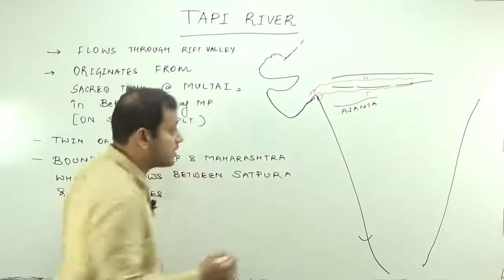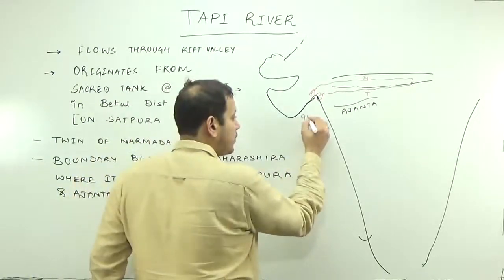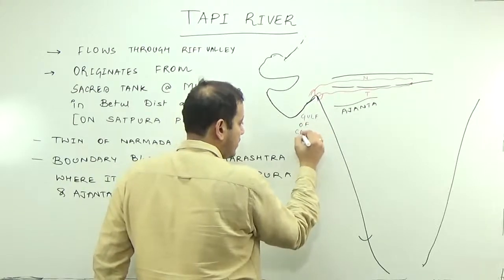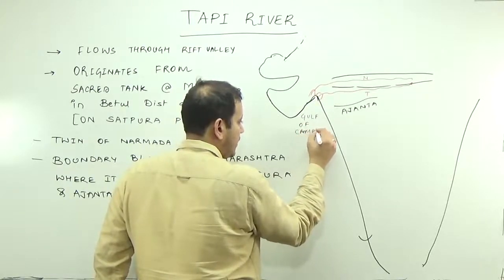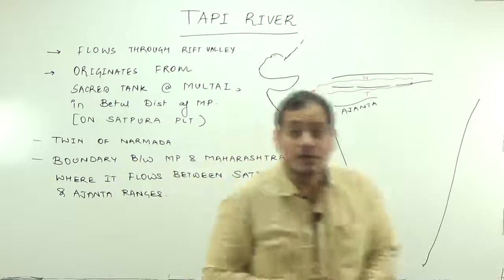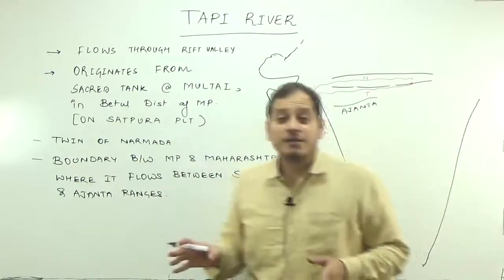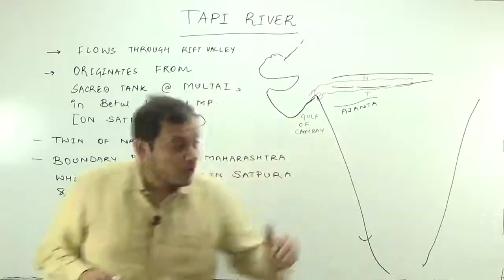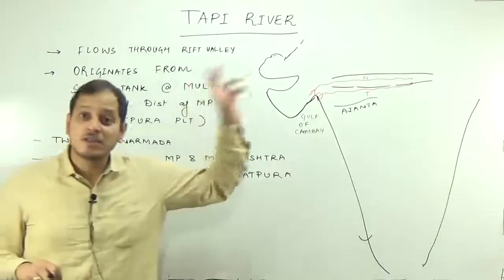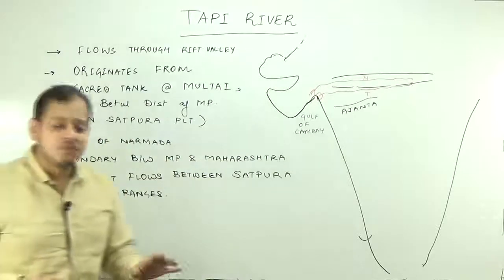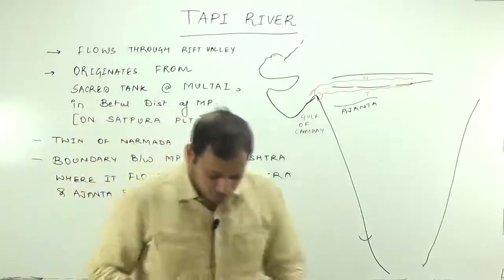After flowing west, it will drain into the Gulf of Cambay or the Gulf of Khambat. It is known as a twin of river Narmada. It flows to the south of Satpura ranges, between the Satpura and the Ajanta ranges, and it forms a boundary between Madhya Pradesh and Maharashtra.